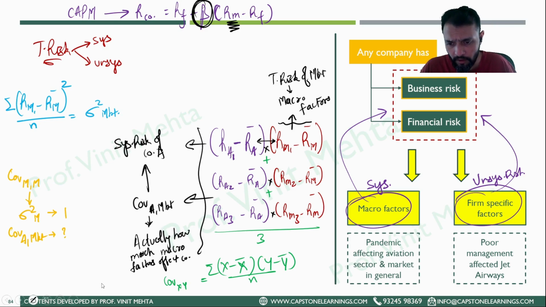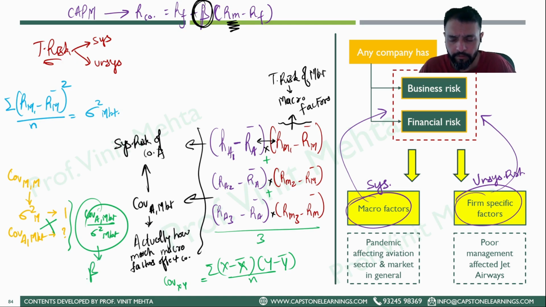And then I kind of cross multiply. And when I cross multiply, what I get is covariance of A with the market upon variance of market. And this is your formula of beta. By the way, this is also a formula of beta used in regression. It's nothing but a slope.